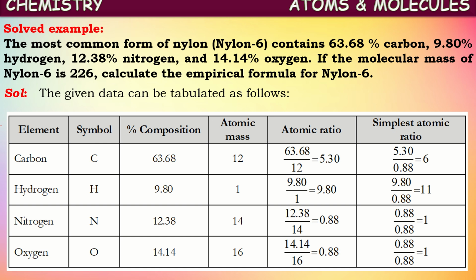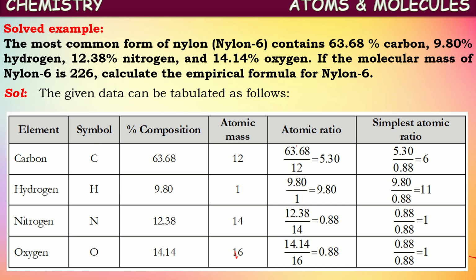Now atomic masses, we know the elements' atomic masses. Carbon is 12, hydrogen 1, nitrogen 14, oxygen 16. Then we get the atomic ratio, the fourth column. The atomic ratio gives rise to the number of moles. Why?